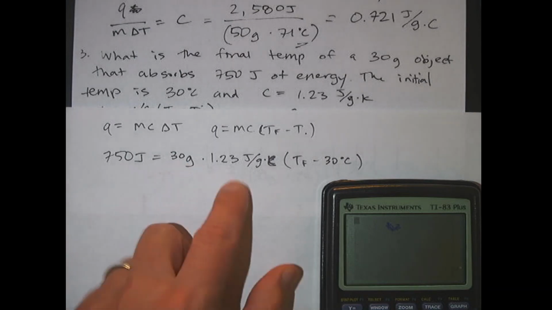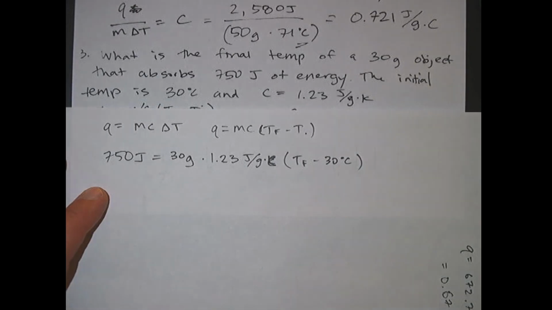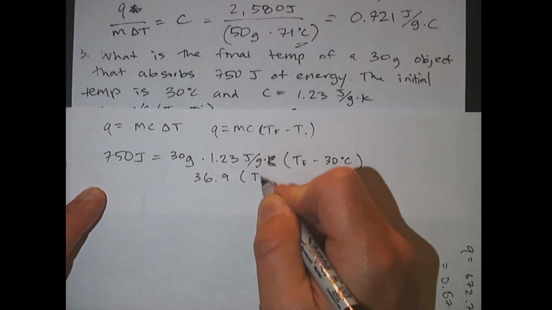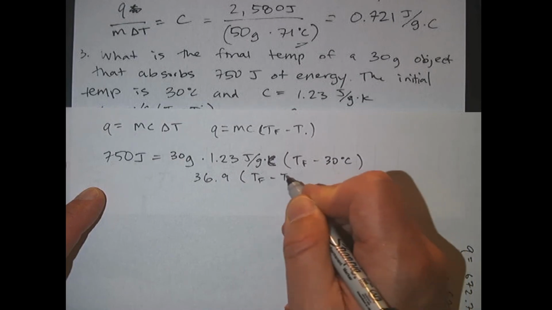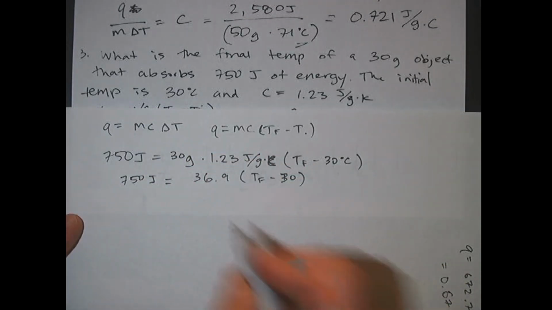You might want to simplify, like take these two and simplify them. 30 times 1.23, and you get 36.9. 36.9 times final temp minus 30 equals 750. And then you divide both sides by 36.9.